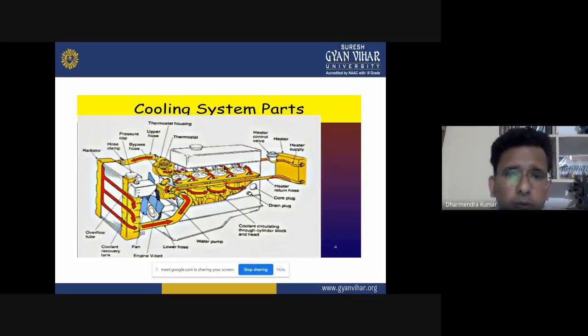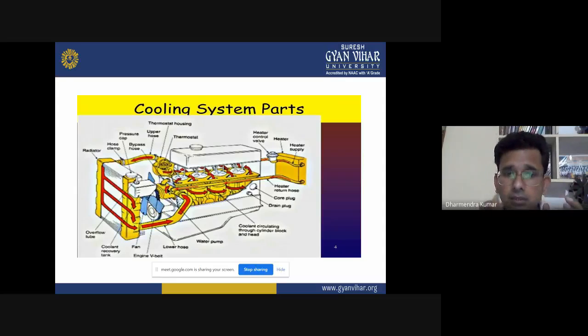Now the cooling system parts. Here it represents only the water cooling system parts, like radiator, hose clamp, heater return hose, core plug, drain plug, water pump, lower hose, fan, and belt for driving the water pump.